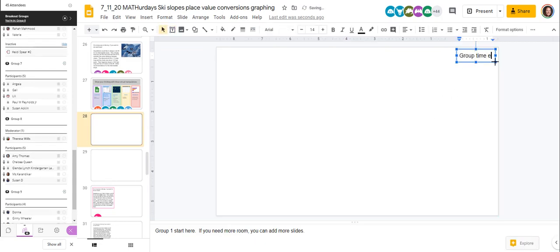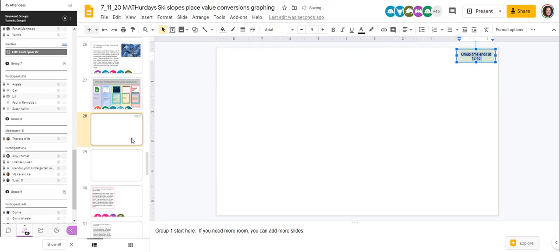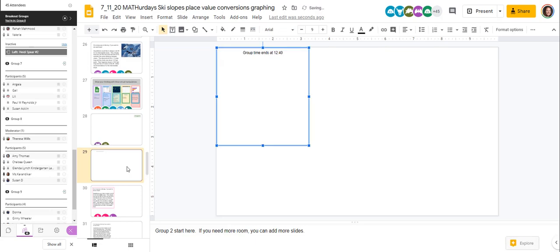So it looks like one of the things we have to do is change 1.5 miles into feet. Miles into feet.